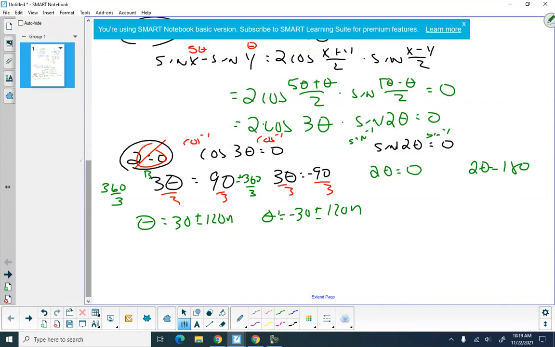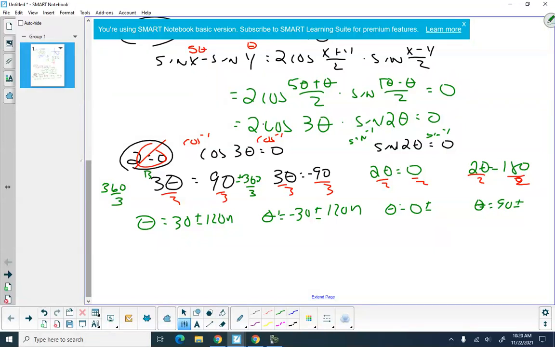And once again, dividing through by now 2. So we have theta is equal to 0 plus or minus the period n. Here theta would equal 90 plus or minus the period n.